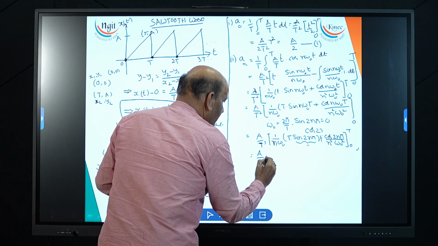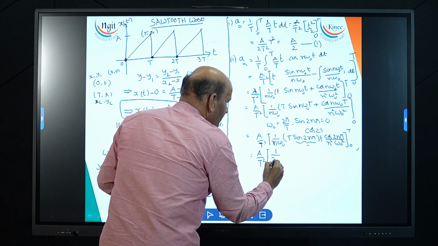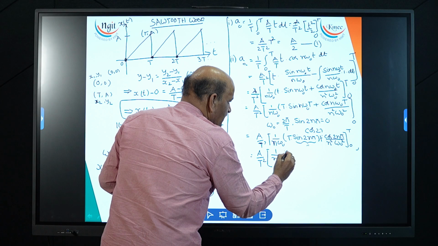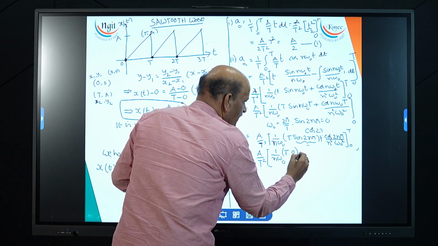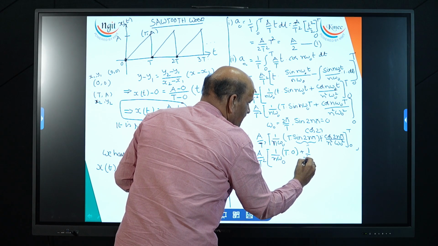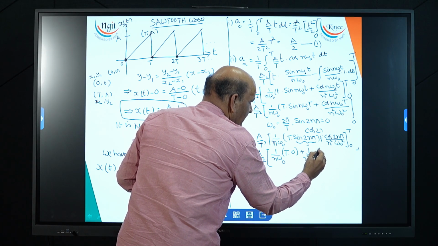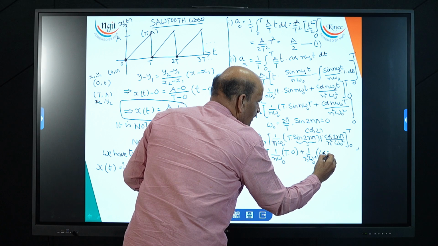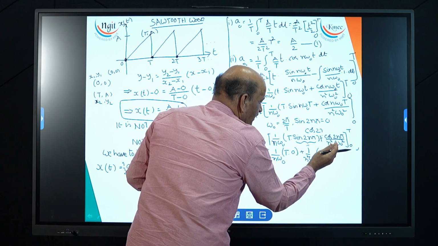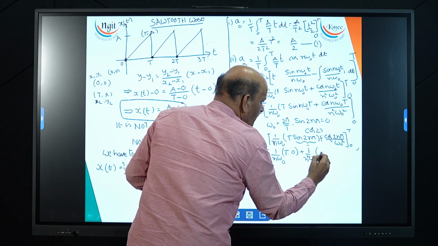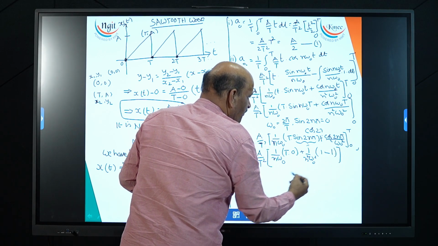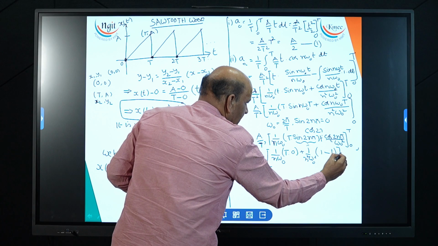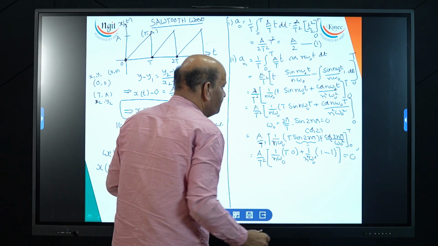A by T square into 1 by n omega naught into T of 2n pi, all its value equal to 0, plus 1 by n square omega naught square into cos 2n pi. Cos 2n pi value equal to how much? 1. 1 minus substituting lower limit that equal to 1. Therefore, ultimately its value equal to 0.